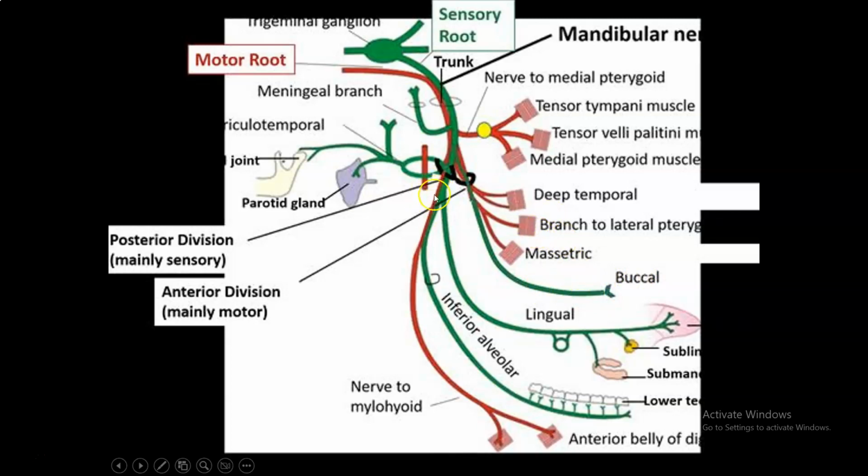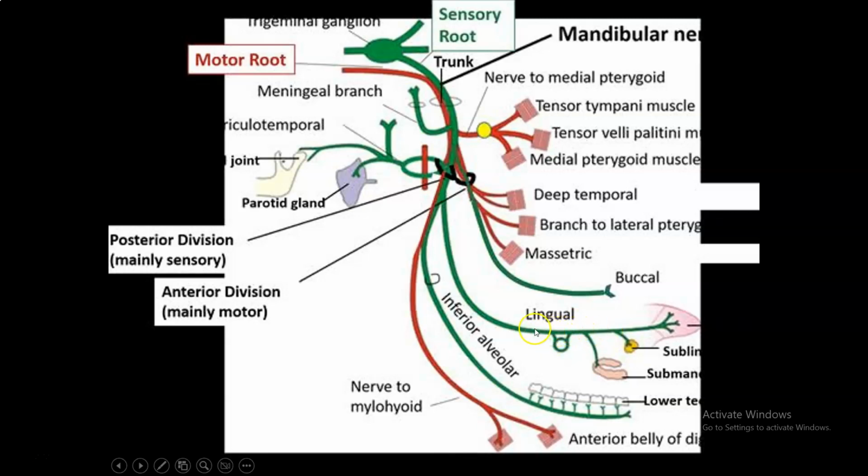As we said, the posterior division is mainly sensory, so it gives sensory branches. It gives the auriculotemporal nerve, giving sensation to the parotid gland and to the temporomandibular joint. Also, it continues as the lingual nerve, which is a sensory nerve carrying general sensation, pain, temperature, and touch from the anterior 2/3 of the tongue.